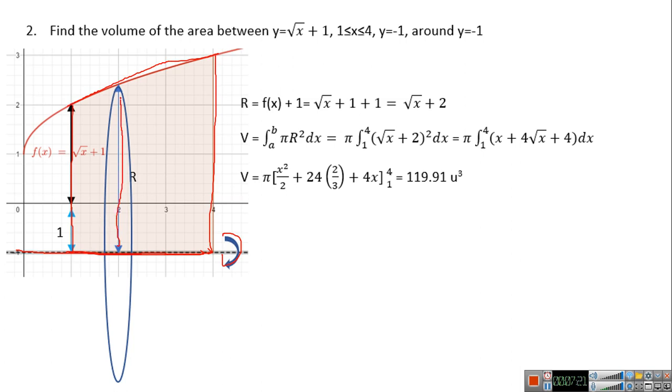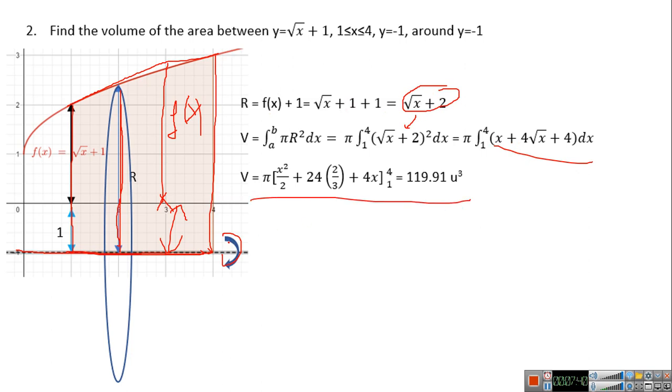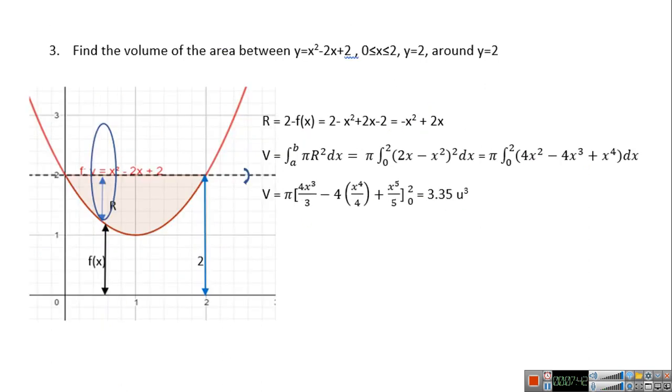As you can see, this radius is from this point till the boundary. This is f of x, and you have 1 down, so the radius will be f of x plus 1. F of x plus 1 is radical x plus 2, so you square it, you expand, you do the integral, and you get the answer.